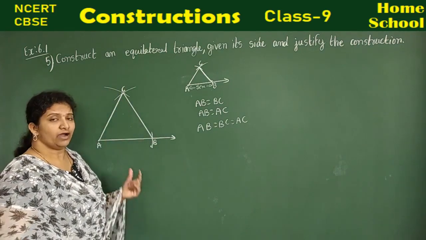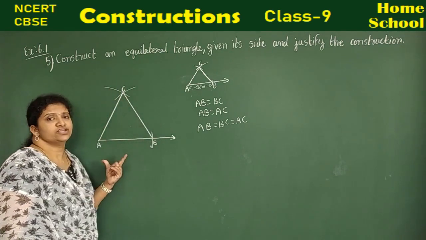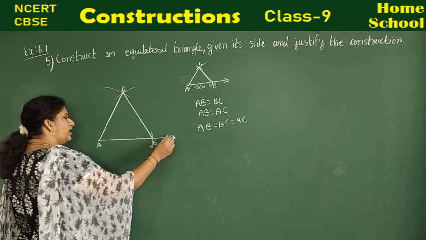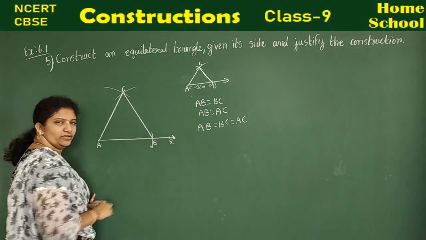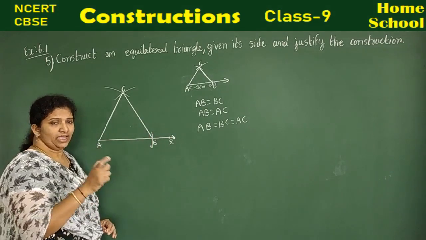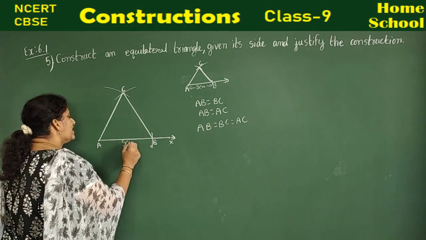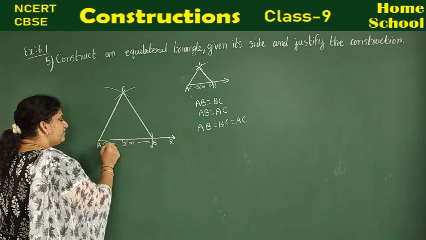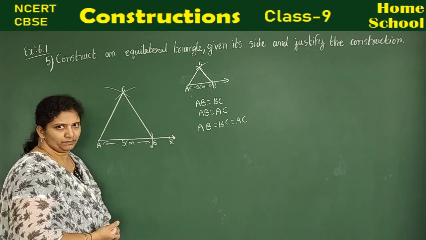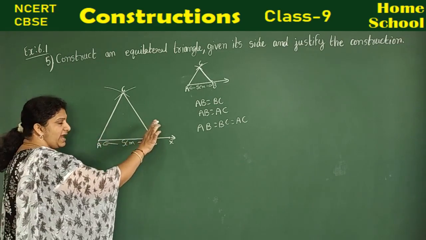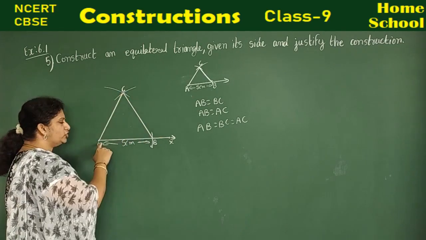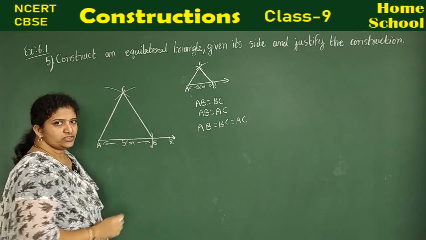First step, you have to write the construction steps. Draw a ray. Let us take AX, you write. Draw a ray AX from point A. Take a measure of 5 centimeters from A as a center. Cut the arc at B. Now with A and B as centers, draw the arcs, and join the intersecting point to A and B. So what happens?